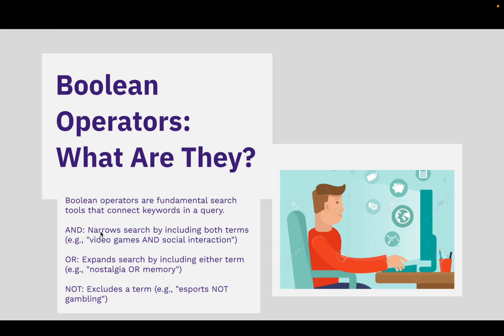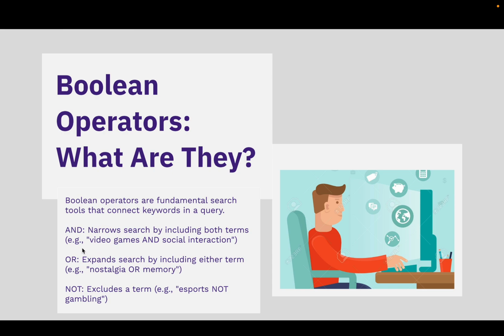The word and narrows a search by including both terms. For example, if I want a paper that is about video games and social interaction, then I'm going to use the word and because I want both of those ideas in my paper.